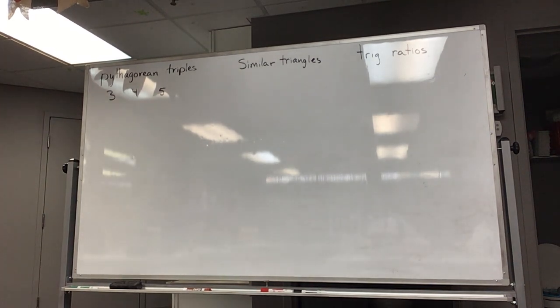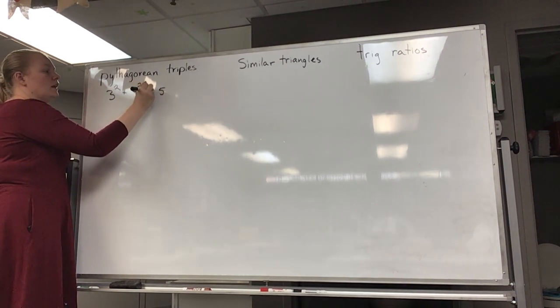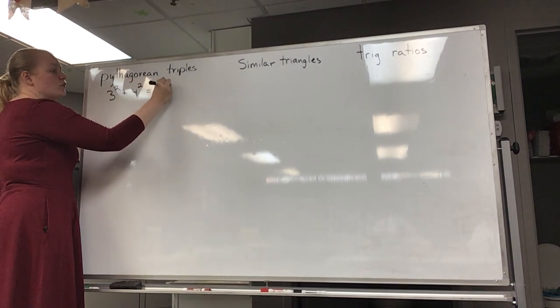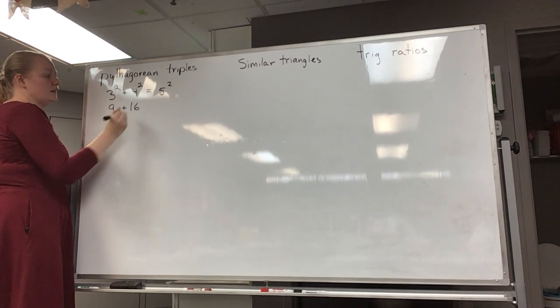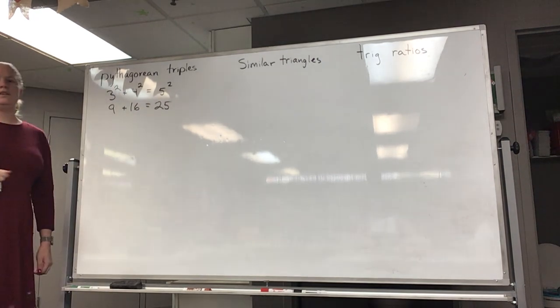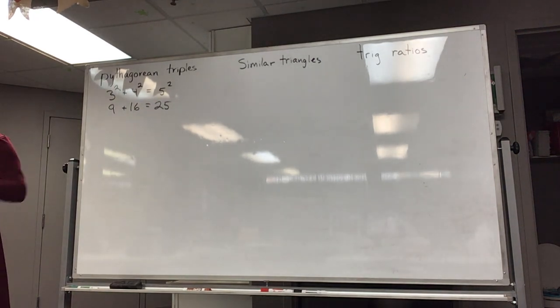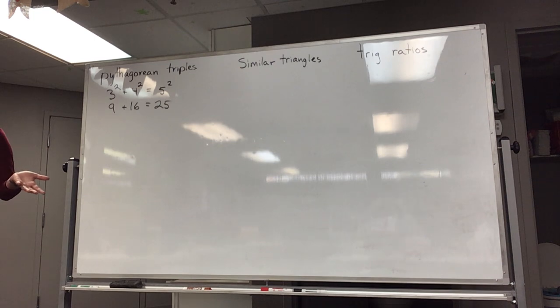What happens is if we take 3 squared plus 4 squared, it will equal 5 squared. 9 plus 4 squared, 16, is equal to 5 squared, which is 25. And so these three numbers show up a lot when they're talking about right triangles, just because they're easy defaults. I guarantee that there will be a 3, 4, 5 somewhere on your test. It always shows up at least once.